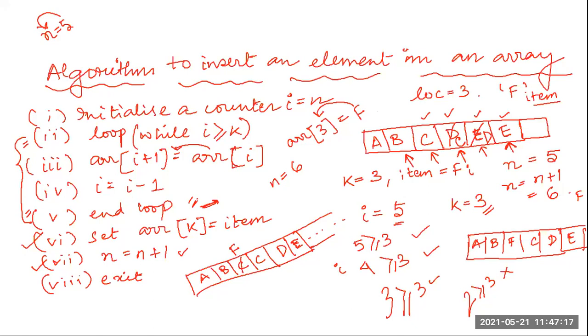Otherwise, I would have said location 2. I started my index value from 1 so that calculation is easier than with 0. So is this the entire concept of how this algorithm works to insert an element inside an array at a given location? Is it clear?